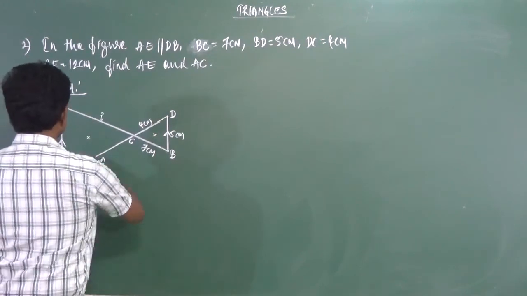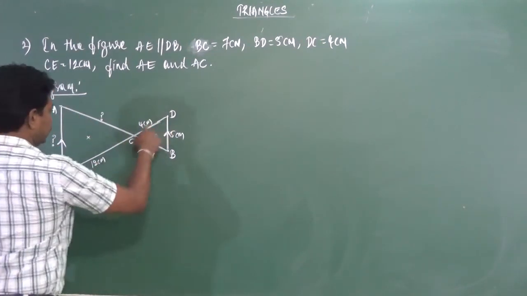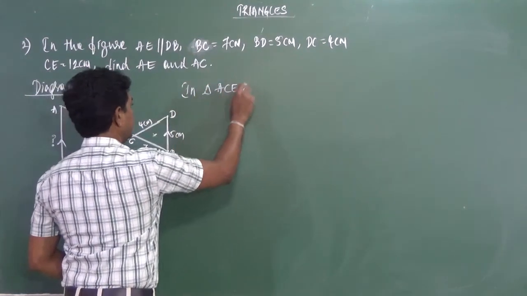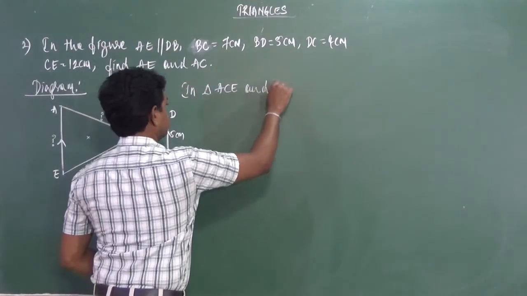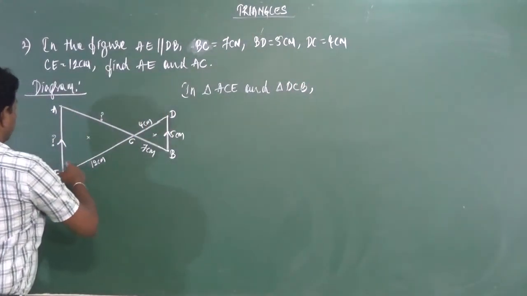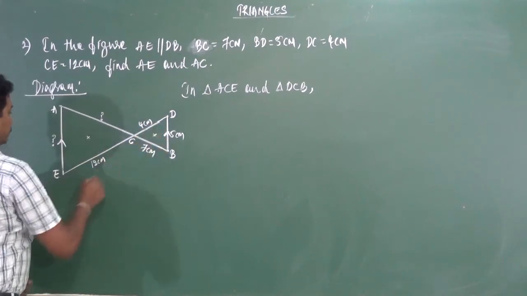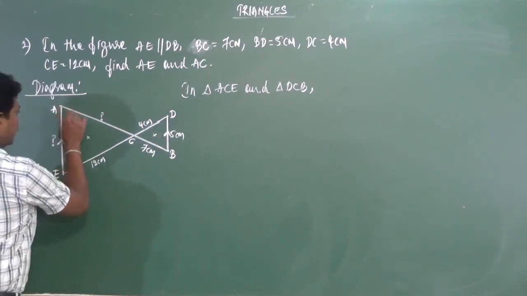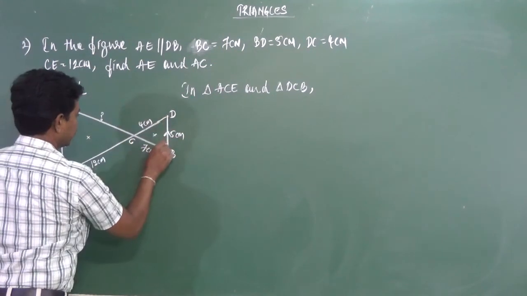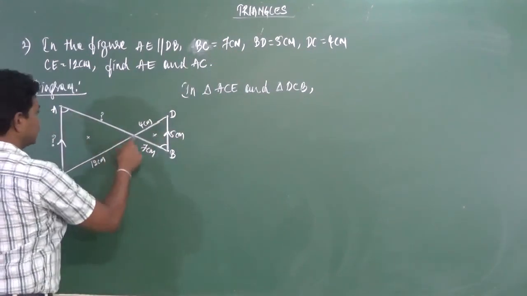So in triangle ACE and triangle DCB, as these two lines are parallel to each other, angle EAC, that is this angle, is equal to angle CBD, this angle.